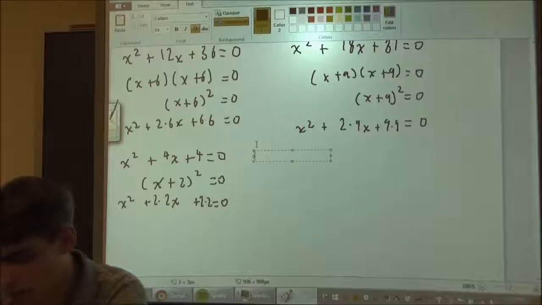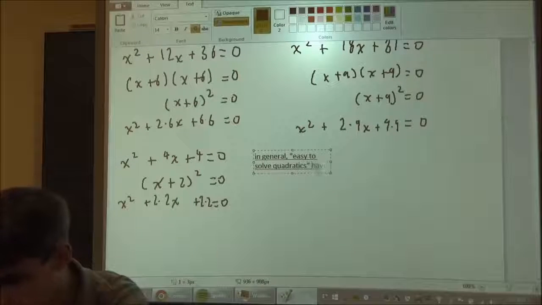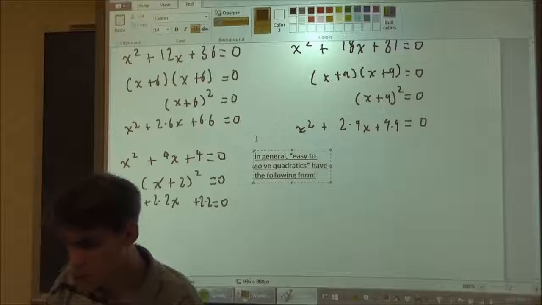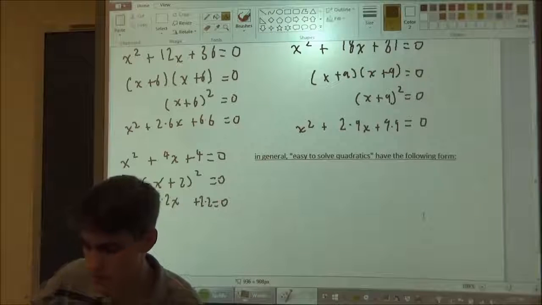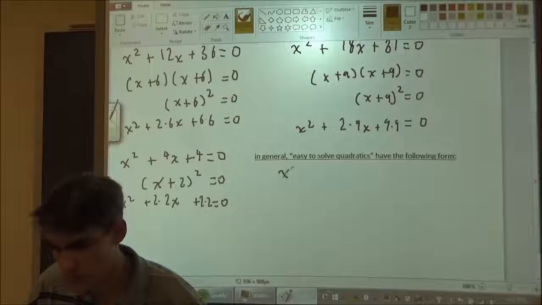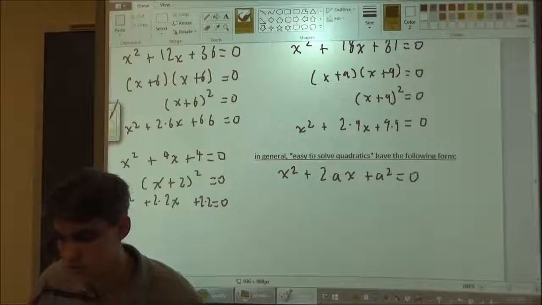So I'm going to write, in general, easy to solve quadratics have the following form. Quadratics is a hard word to spell. Easy to solve quadratics are always going to look something like this, where you have some number a, and the quadratic looks like this. x squared plus 2 times a x plus a squared is equal to 0.